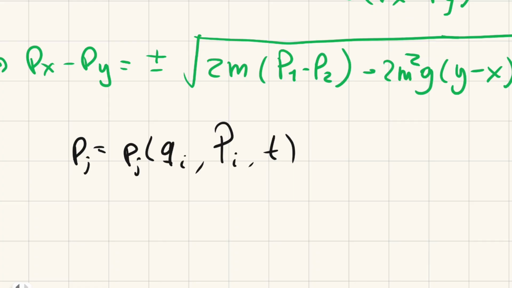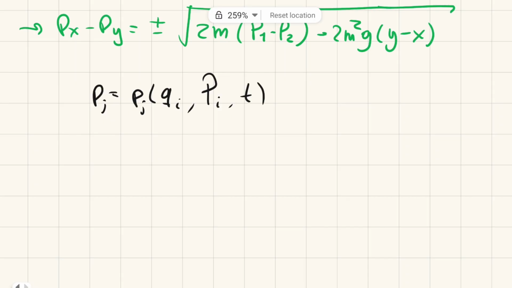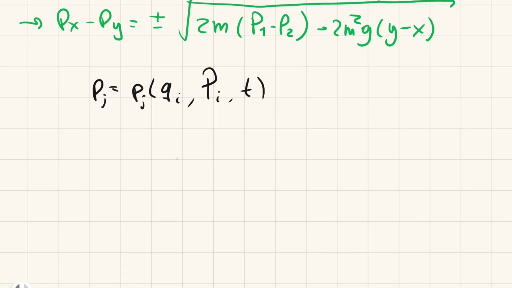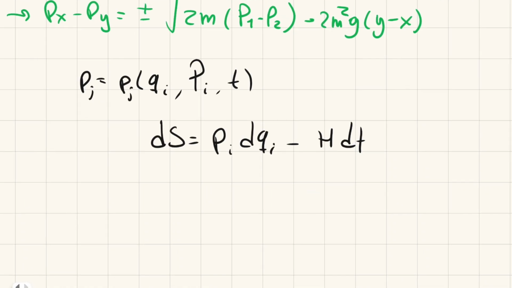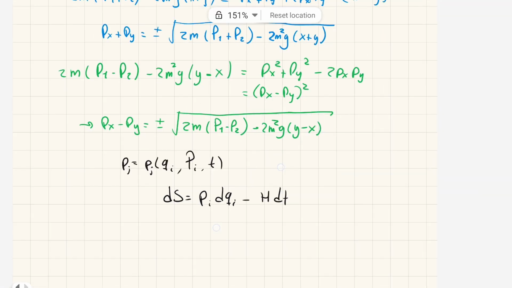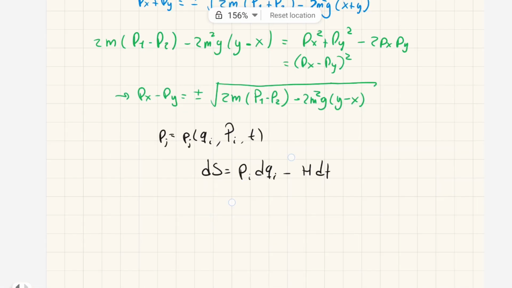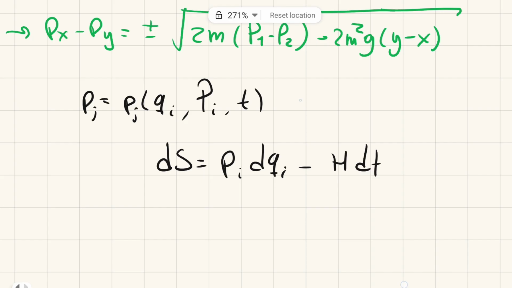Then it is enough to conclude that we can find a function s that is a solution to the Hamilton-Jacobi equation that can be written in the form ds equals p dq minus h dt.